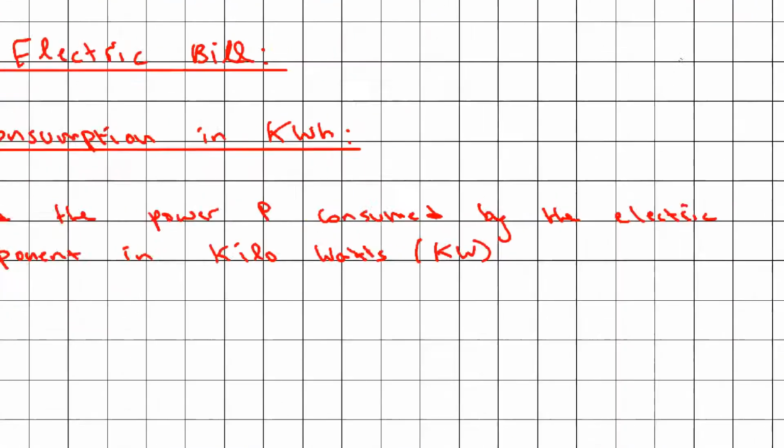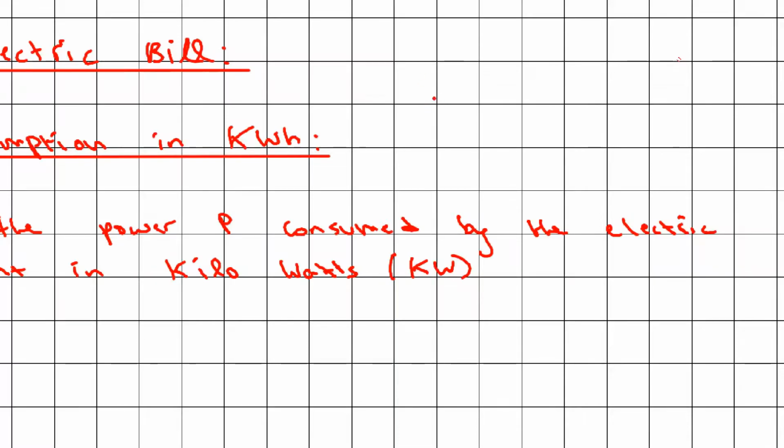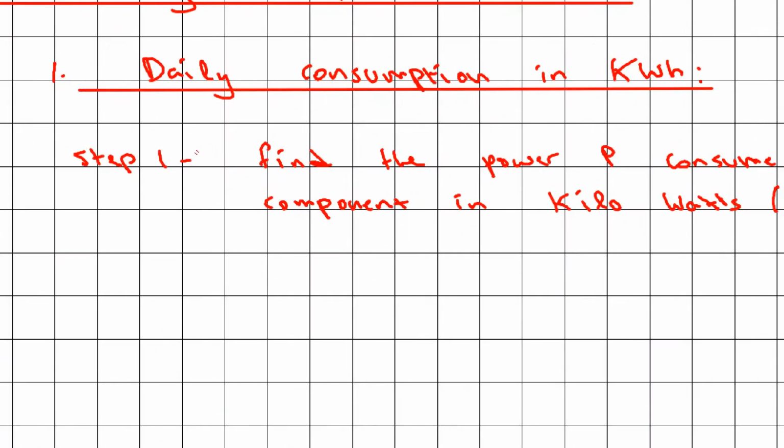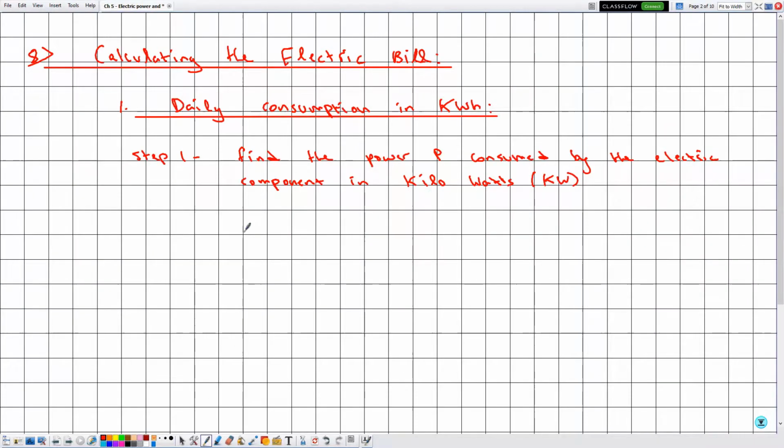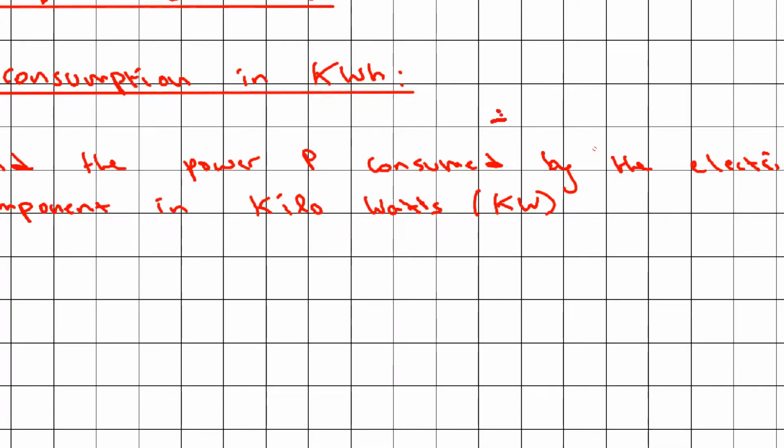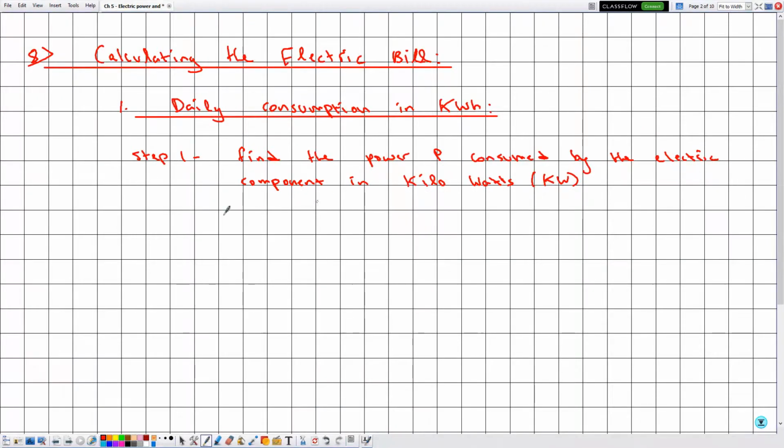So we have this washing machine. We will first, as step number 1, convert its power from watts into kilowatts. And this is done by dividing simply by 1000, as we shall see in the coming exercises.